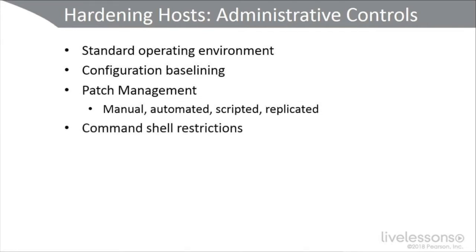We can also think about restricting the use of the command shell on endpoints. That can be done with scripts. It can also be done, as we'll see here in a moment, using a group policy mechanism. We also want to consider using our layer 2 and layer 3 devices to do application whitelisting and blacklisting.